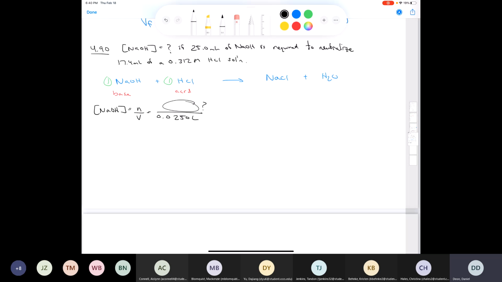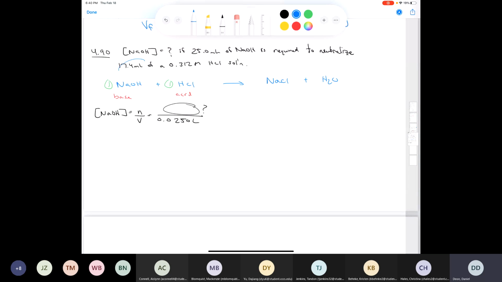Let's start by writing down what we know. We have 17.4 milliliters of our HCl solution. I'm going to convert that into liters. Again, just divide by 1,000. So I end up with 0.0174 liters of HCl. I know that my solution is 0.312 moles of HCl in 1 liter of HCl.